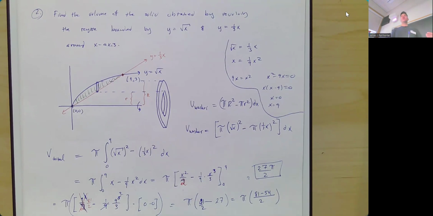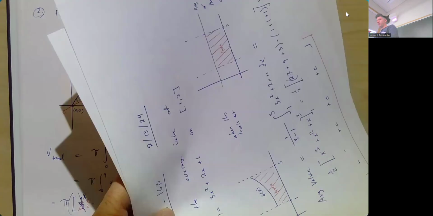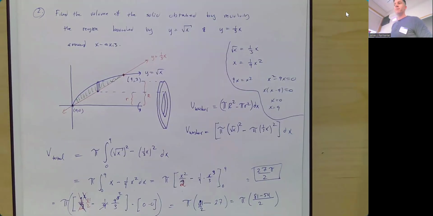Are there any questions from the practice exam that you would like me to visit? I see that there's quite a few U substitution problems on there. I'll point that out. You could just read it to me.